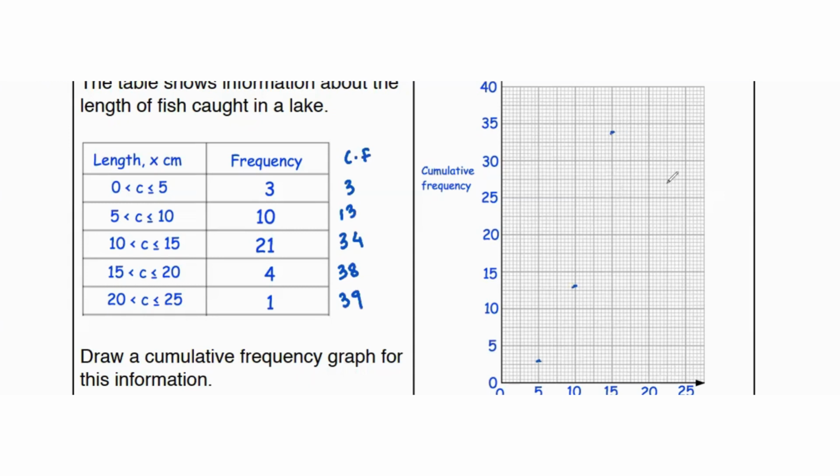Then at 20, we have 38. And at 25, we have 39. So if we connect this, this is our cumulative frequency graph.